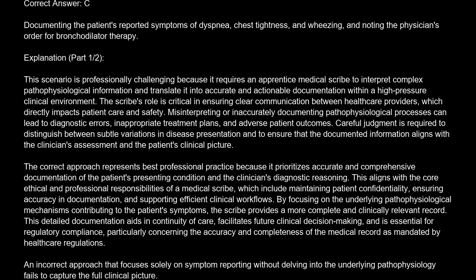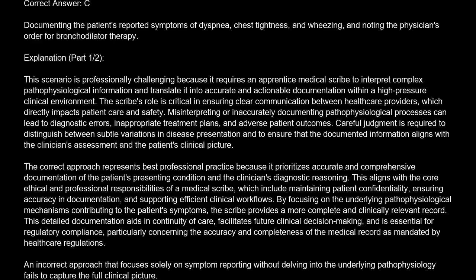The correct answer is C. Documenting the patient's reported symptoms of dyspnea, chest tightness, and wheezing, and noting the physician's order for bronchodilator therapy. Explanation. This scenario is professionally challenging because it requires an apprentice medical scribe to interpret complex pathophysiological information and translate it into accurate and actionable documentation within a high-pressure clinical environment.